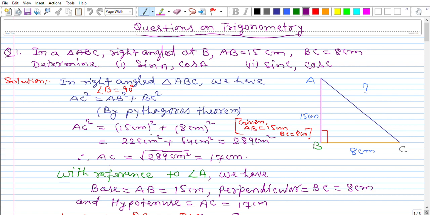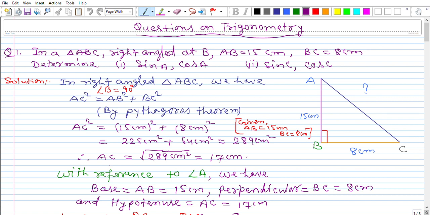Solution: in right angle triangle ABC at B 90 degree, we have AC square equal to AB square plus BC square. That means AC is hypotenuse, AB is the perpendicular and BC is the base.